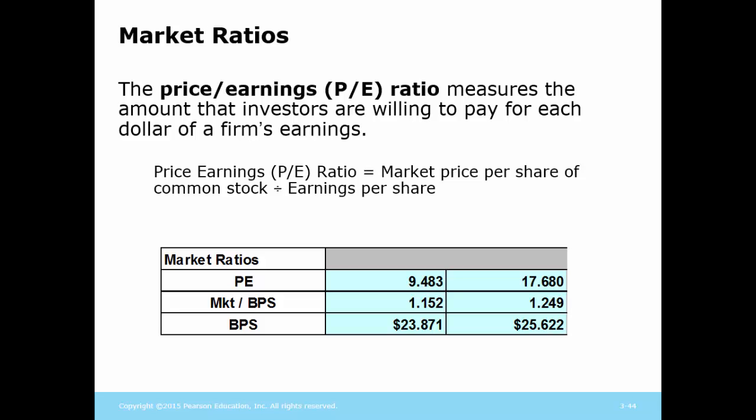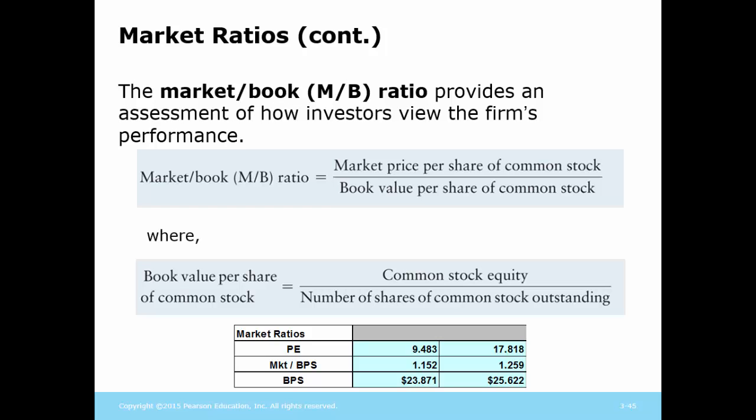Big question is, are shareholders right? Are investors typically right more often than not? The market to book value ratio gives us a picture also of value, but in this case it gives an indication of what it costs to buy the company. So in this case, last year, to buy the company you had to pay roughly a 15% premium, 1.15, but this year you'd have to pay a 25% premium to get the company.